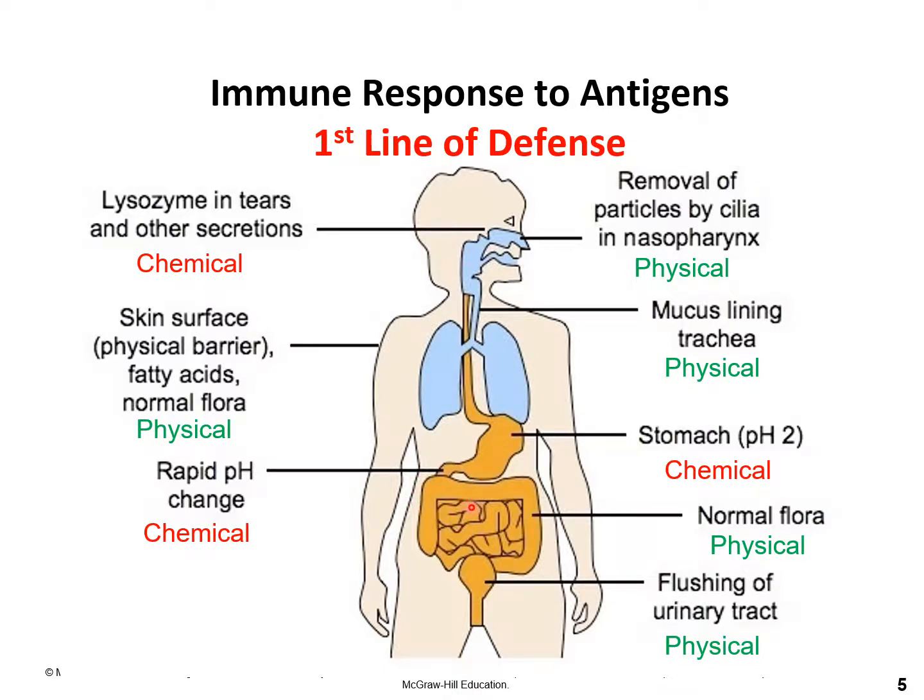These rapid changes in pH are detrimental to the well-being of bacteria, which is good for us and bad for them. There are also physical barriers that prevent bacteria and other foreign materials from even entering into our bodies.